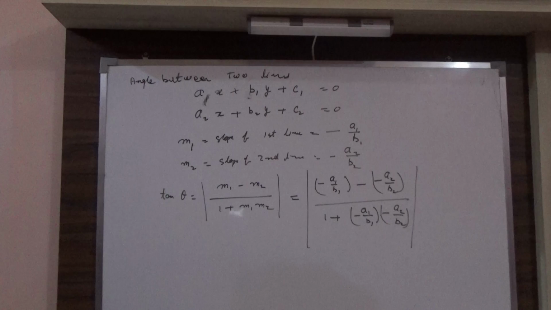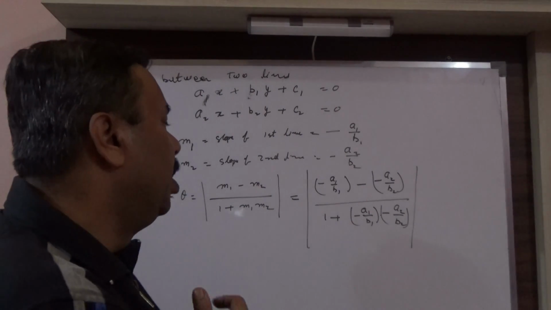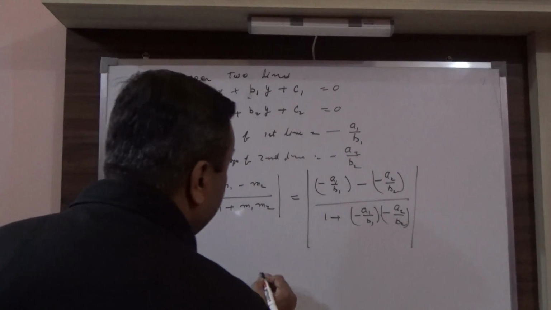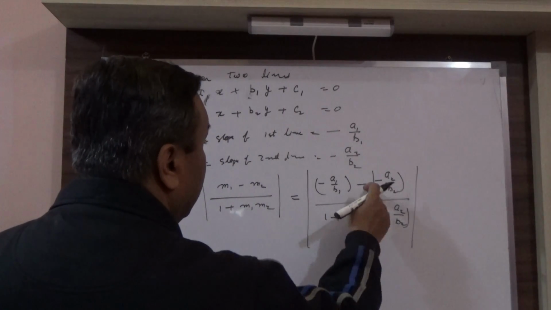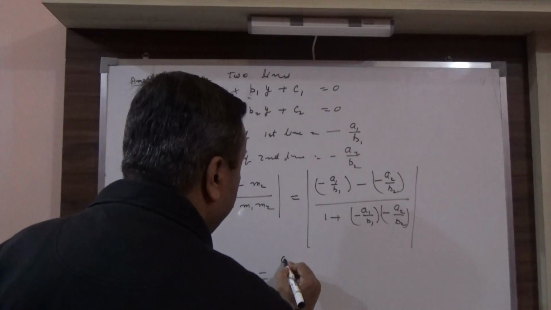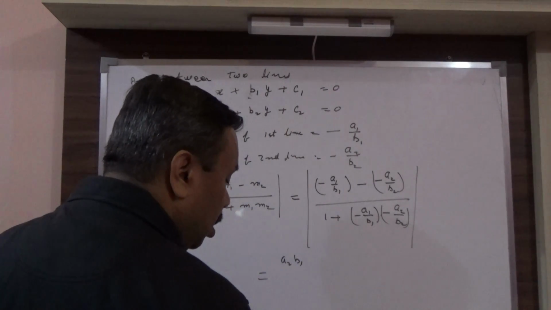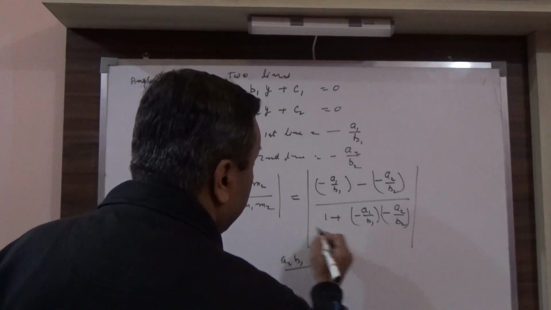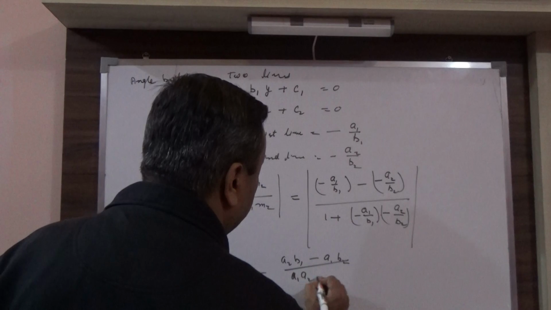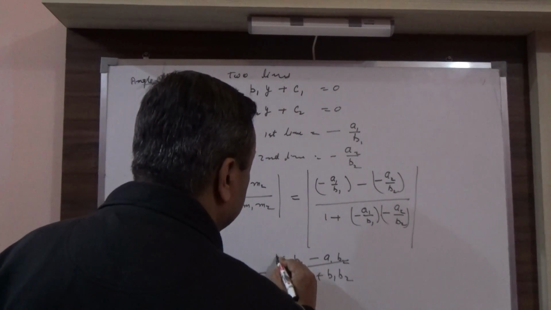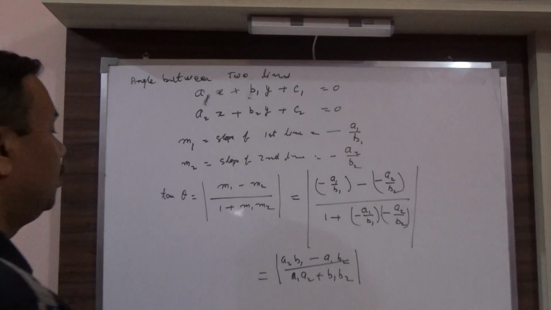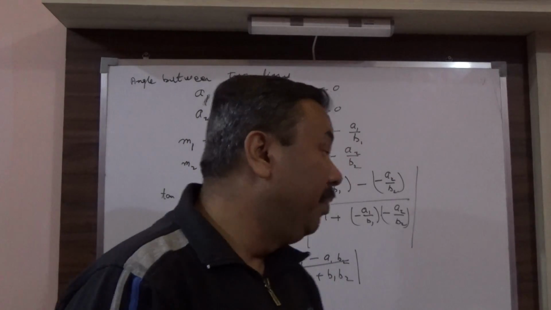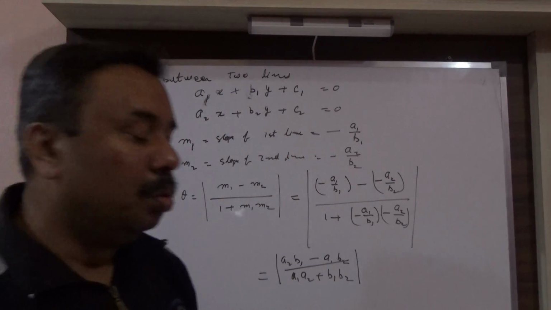Just go on simplifying it, multiplying by b1 b2, and you will get this as equal to, this will become plus sign, a2 b1 minus a1 b2 divided by a1 a2 plus b1 b2. Modulus of this will be tan theta, and that will give you the angle between the two lines.